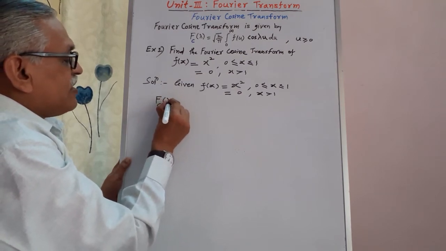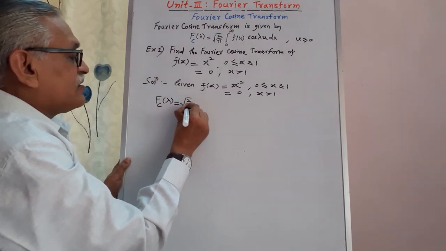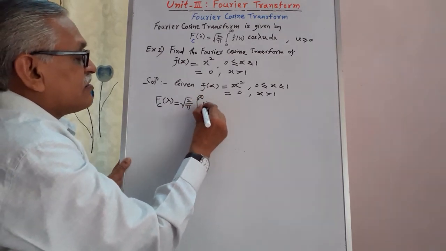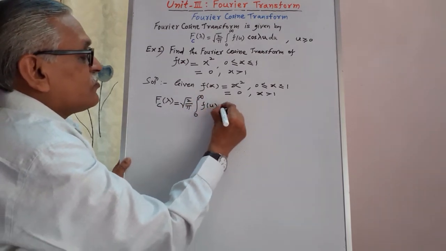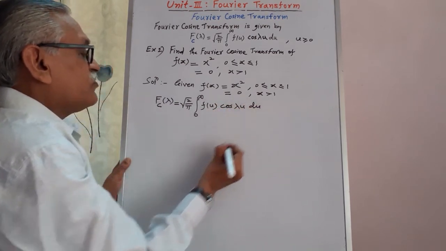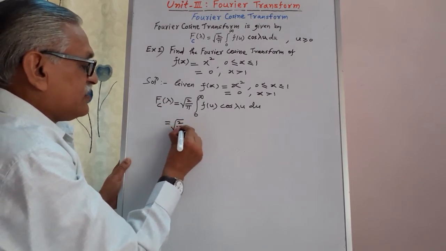Therefore Fc(lambda) is equal to root 2 by pi integral from 0 to infinity f of u cos of lambda u du. It is equal to root 2 by pi.